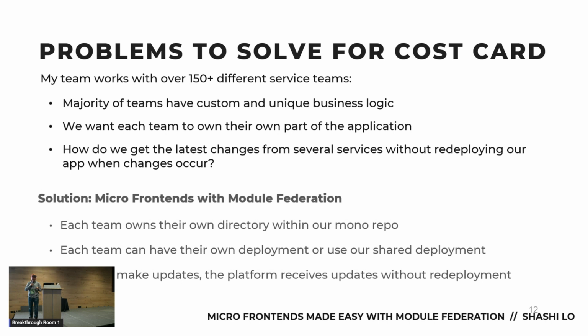Here was our solution. Micro frontends with module federation. Each team owns their own directory within our mono repo. Each team can have their own deployment or use our shared deployment system. As teams make updates, the platform receives updates without redeployment through module federation.